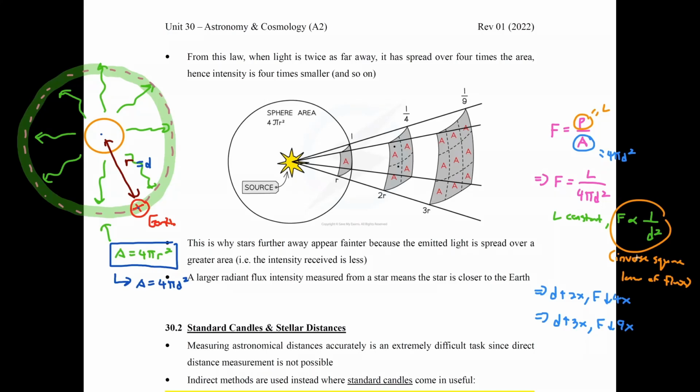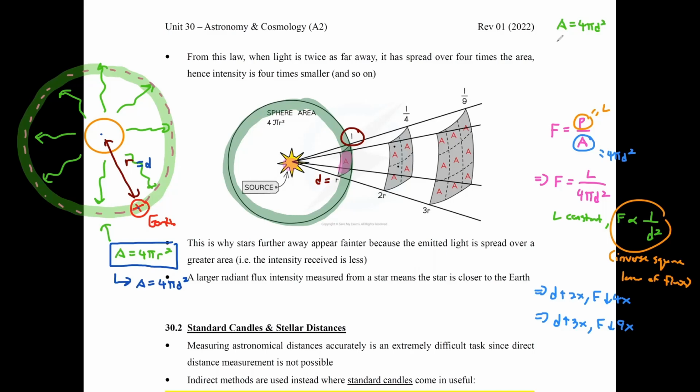Okay. Now, another way to understand why this happens is to look at how the area changes with distance. If you consider that this is your star and power is radiated outwards in the form of a sphere, let's just consider a particular section of area A over here that is at a distance of r from the star and having an initial intensity of I. So right now, if you try to relate the area to distance, area is actually 4 pi d squared.